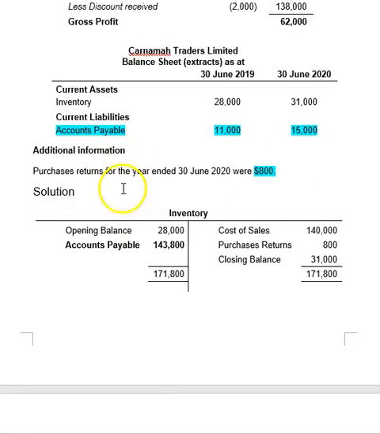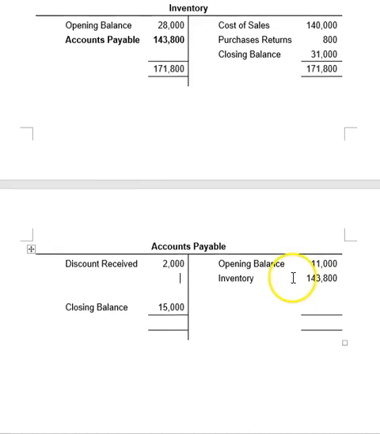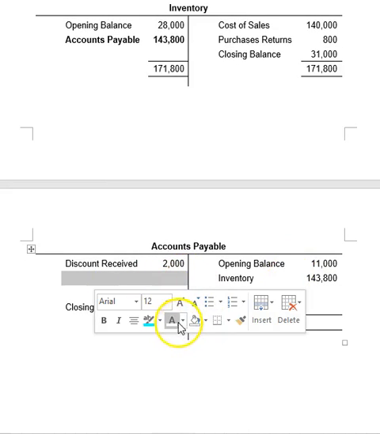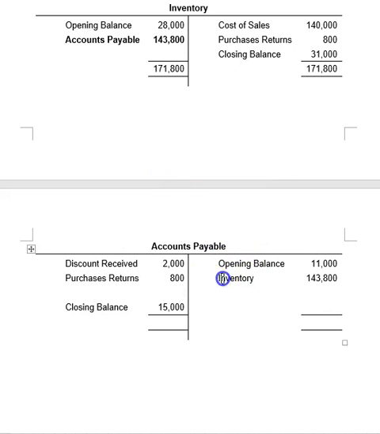Just now when we recorded our purchase return, we credited inventory because when I return my inventory to the suppliers, my inventory becomes lesser. At the same time, I owe them lesser as well. So I need to debit accounts payable 800. If I owe them lesser, I need to debit accounts payable because my accounts payable becomes lesser now.